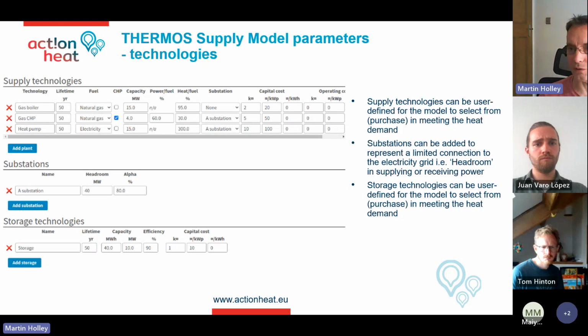And there you're also defining storage technologies for the model to decide whether it's advantageous to include those, and to what extent, and which technologies as well.